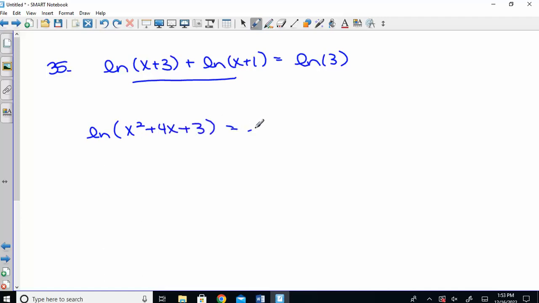So that gives me x squared plus 4x plus 3. And then we have a log on each side. So what do we do? We can drop the log. So x squared plus 4x plus 3 equals 3. Subtract the 3 over.